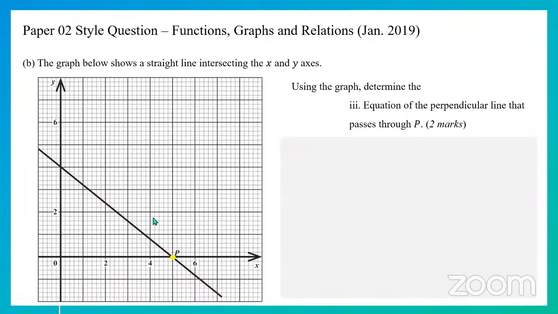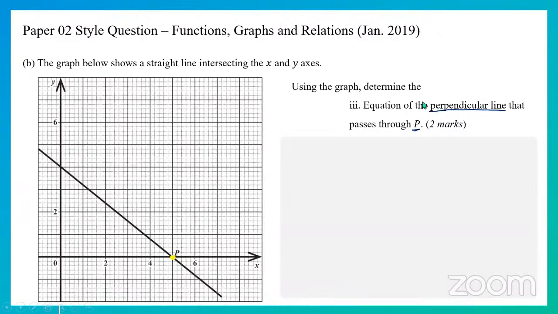So that point right there, it's right here on the x-axis. We're given the knowledge that this is a perpendicular line, and we're also given the point where it passes, so it's point P.